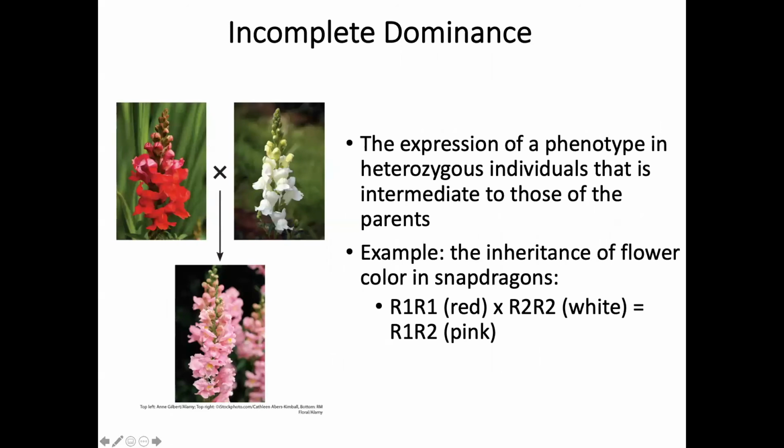The color of a snapdragon flower is a good example of incomplete dominance. So red flower snapdragons and white flower snapdragons are both homozygous. When they are crossed, the F1 plant becomes heterozygous. Based on Mendel's law of dominance, the F1 generation should have a dominant phenotype.